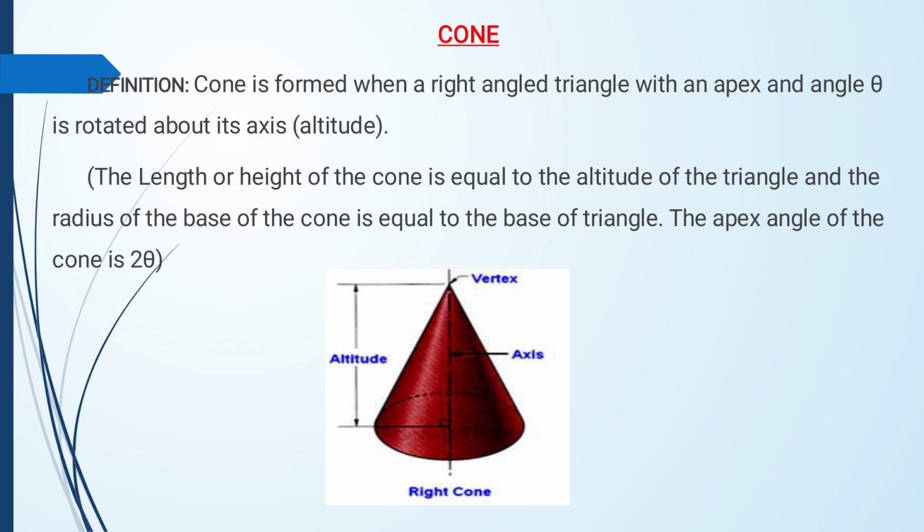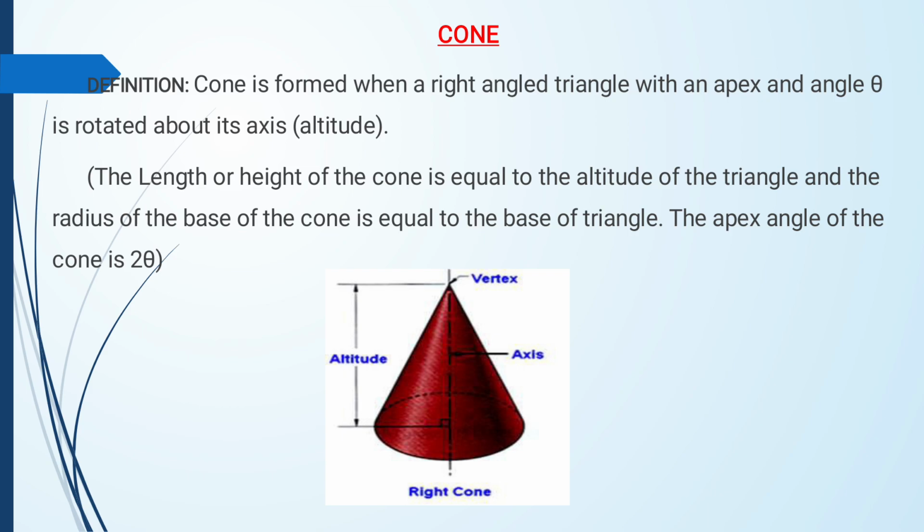Here the length or height of the cone is equal to the altitude of the triangle. The length or height of the cone is equal to the altitude of the triangle, and the radius of the base of the cone is equal to the base of the triangle. The apex angle of the cone is 2 theta. Already we have a right angle triangle, which is a single theta, that means 90 degrees.